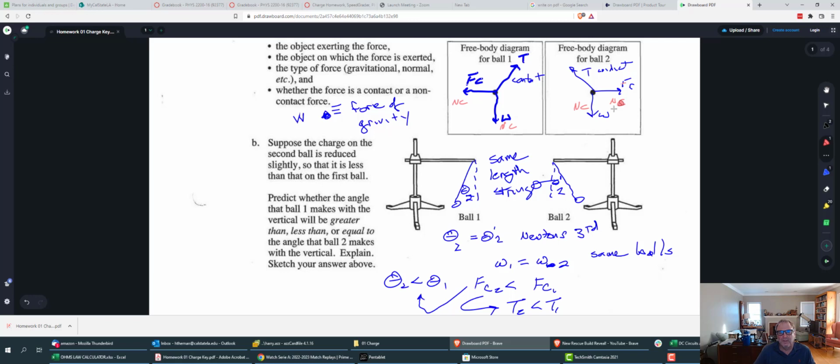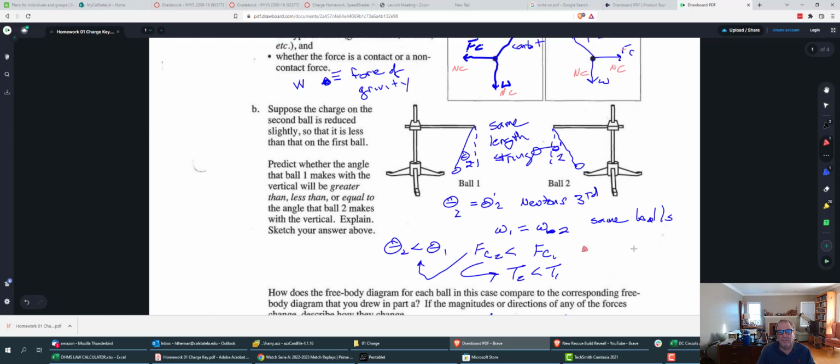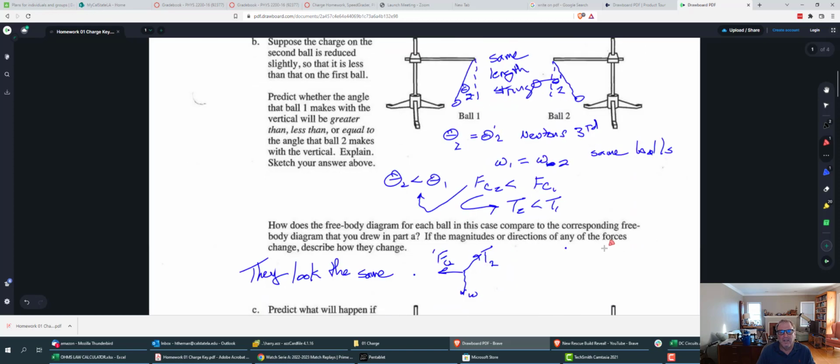And also because everything else is equal, the masses and the length of the string, that also means that the angle theta 2 is going to be less than theta 1 because the F Coulomb is going to be a little bit less, and the tension is also going to be a little less because you'd have to break it down into components, right?